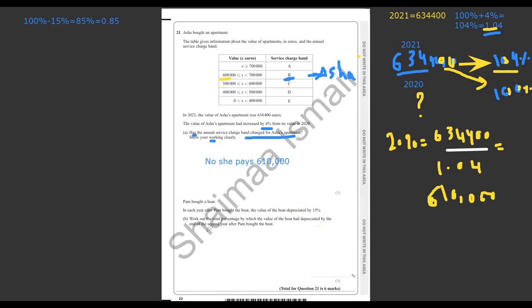So here he needed to get the total percent by which the value depreciated by the end of the second year.